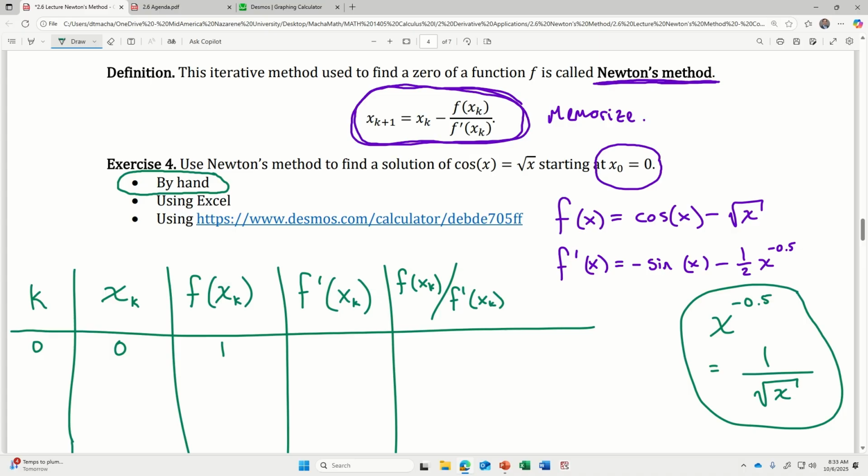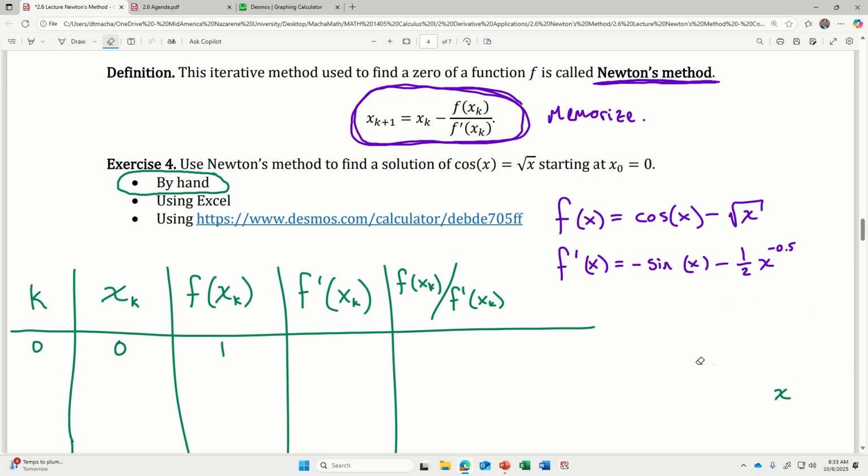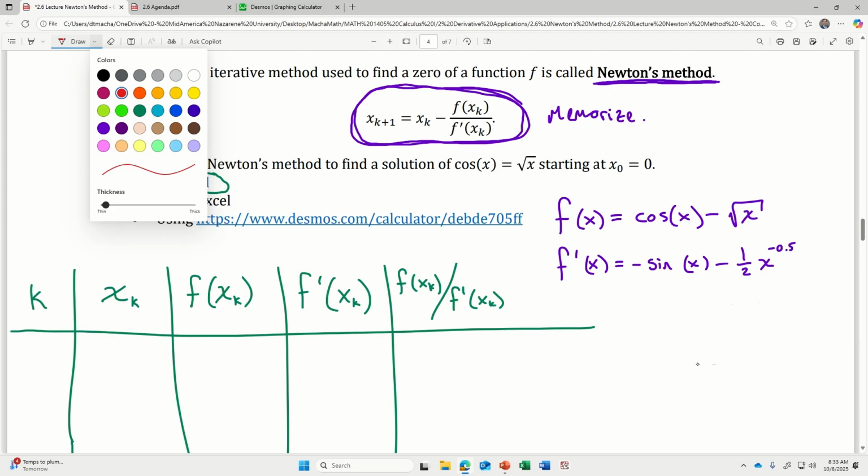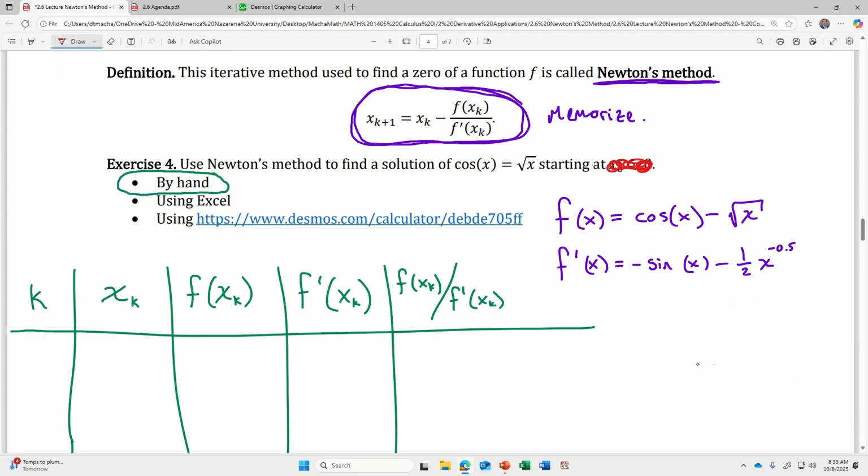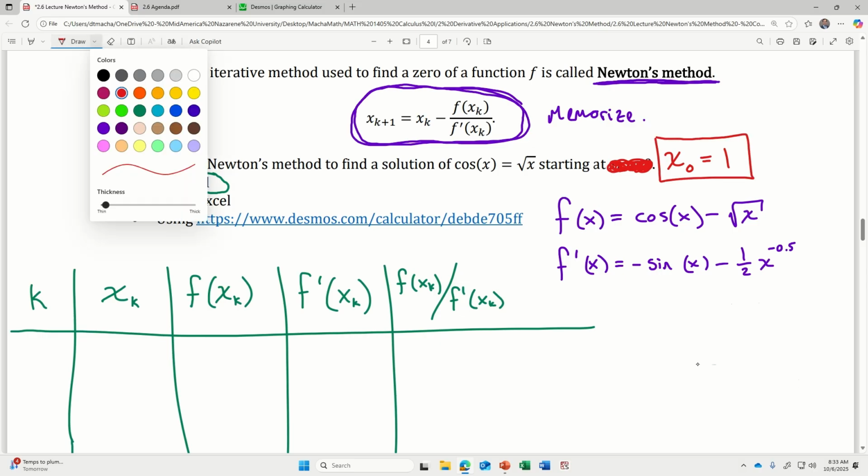So I can't actually start there. And that means we've got to choose a new initial iterate to start from, not x0 equals 0. That was never going to work. So let's choose something else. This time, let's say we start from x0 is equal to 1. And we just start all over again.